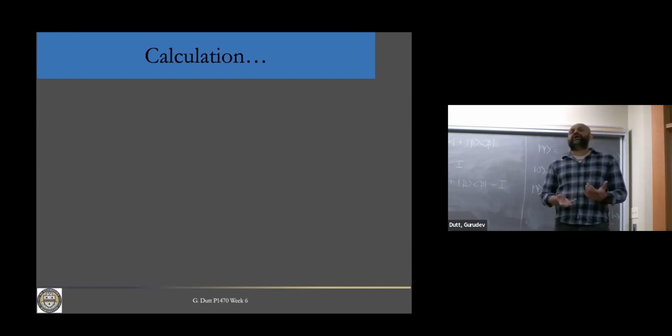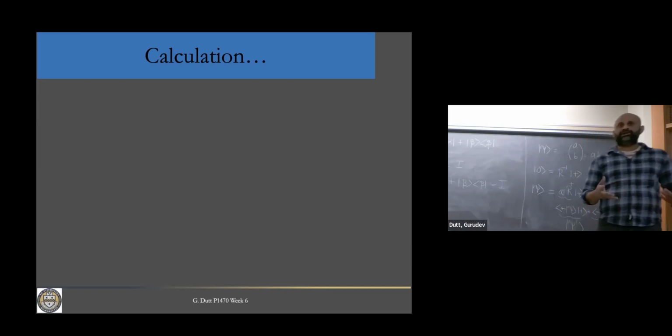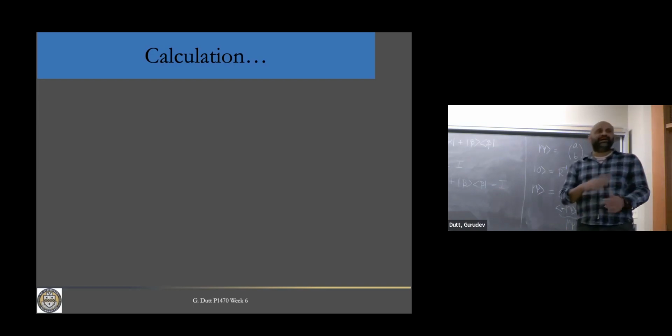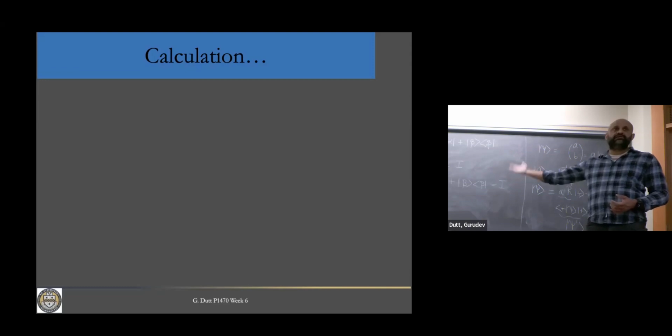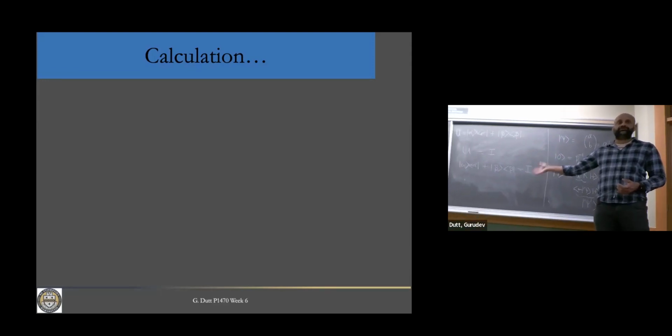If you're given any two states, alpha and beta, you can now simply, either using Python or Mathematica or doing the algebra the honest way, by hand, verify that it truly is an orthonormal basis state by just calculating these two matrices and adding them up and seeing that they indeed give you the identity.